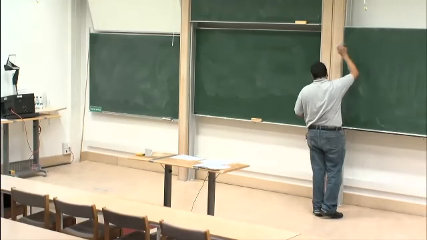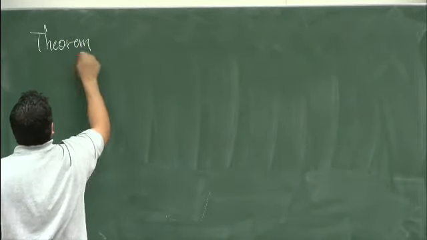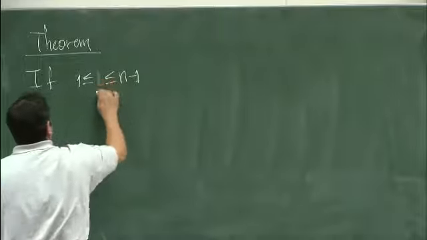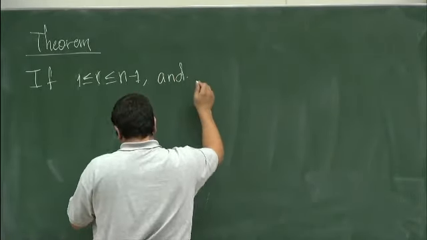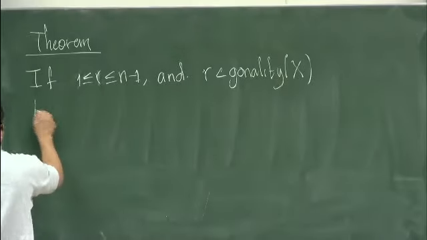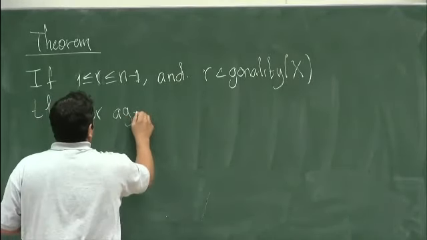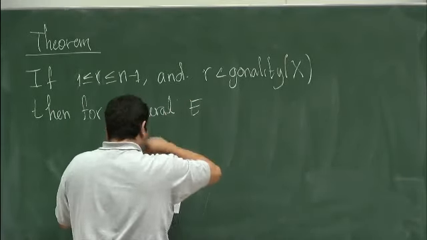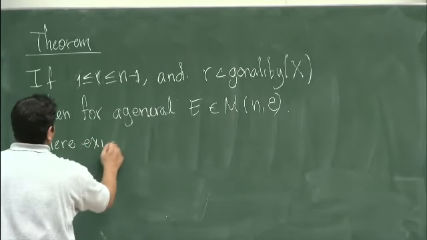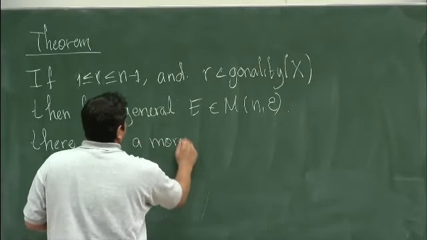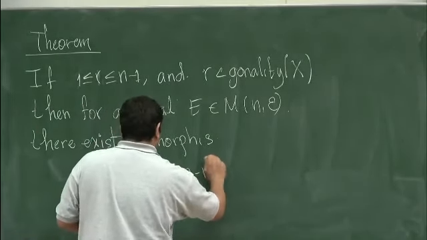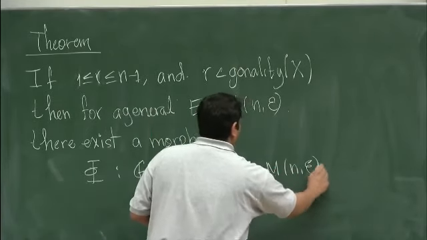to prove in this talk is as follows. If r is between those numbers and the rank is less than the gonality of X, then for a general point E in the moduli space M(n,ξ), there exists a morphism from C to the Grassmannian of n minus r in the moduli space M(n,ξ).